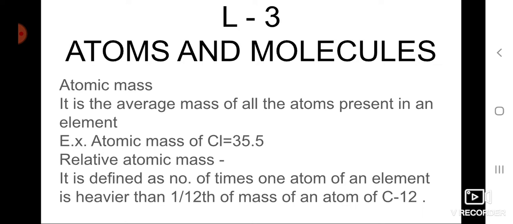The relative atomic mass of an element indicates the number of times one atom of that element is heavier than 1/12 of a carbon-12 atom. For example, the average relative mass of chlorine is 35.5. This means that an atom of chlorine on average is 35.5/12 times heavier than one atom of carbon-12.